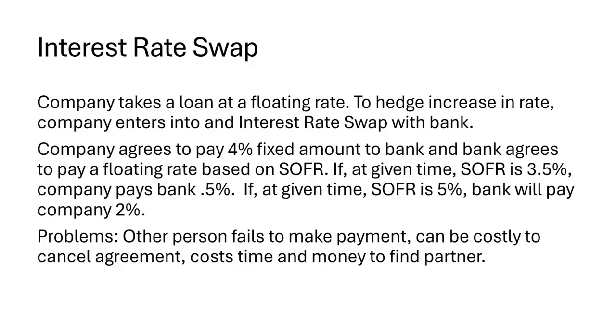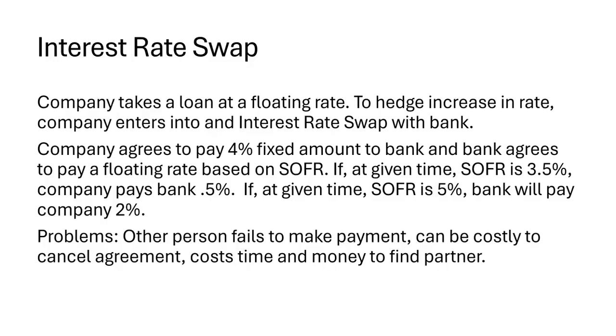But basically, what you're doing with an interest rate swap is a country takes a loan with a floating exchange rate. They want to hedge against interest rate changes. So it buys an interest rate swap, it enters into an interest rate swap with a bank. All right. So let's say that the company agrees to pay in this loan 4% interest, fixed interest.